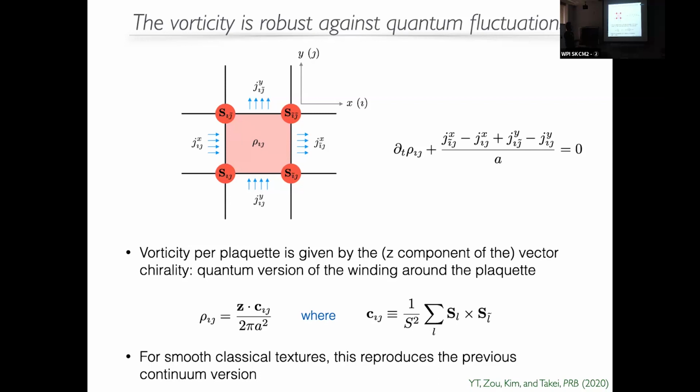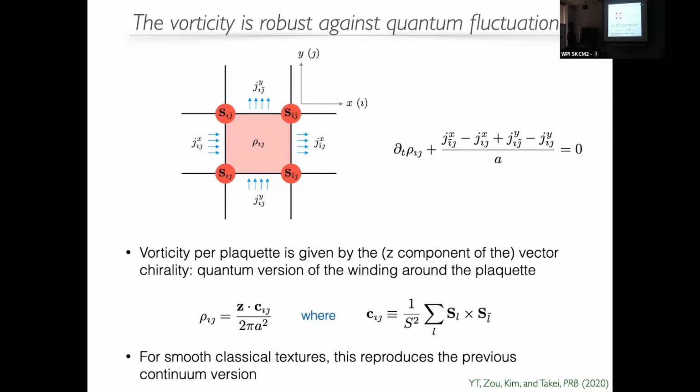Even more fundamentally, I should have defined the triangular plaquette. Doesn't really matter. Any lattice could be triangulated into triangular plaquettes, but here I'm showing it for a square plaquette. The essence doesn't change. The continuity equation at the most fundamental quantum level looks like this.